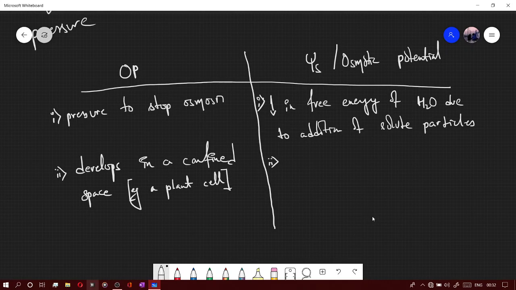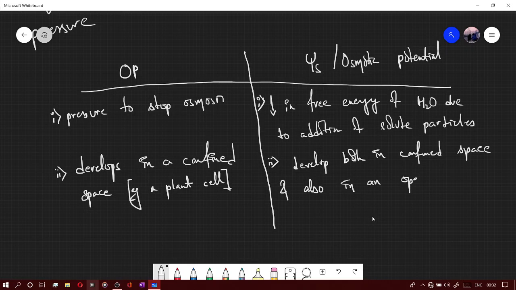Inside a plant cell, this develops both in a confined space and also in an open system. For example, what is an example of an open system? A beaker, a salt solution in a beaker, the one in the diagrams I was drawing.